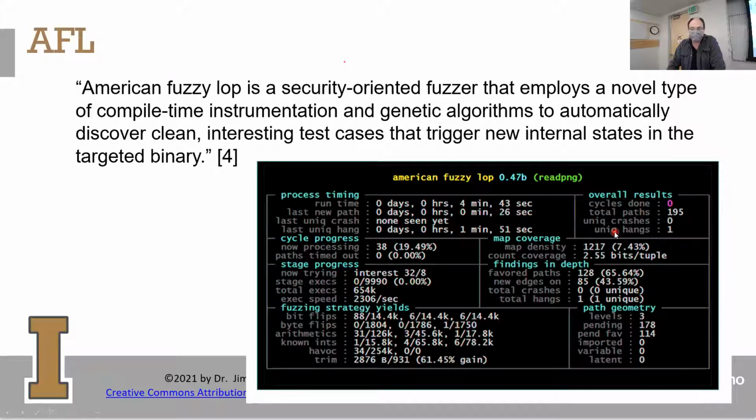One time the program hung. What they mean there is they have a certain time limit, said run your program for this long and then stop. If the program doesn't normally terminate, or if it's not responding, it's hung. They found that once. Unique crashes, this one so far found 0. But it tells us how many unique ones it has, and then 195 total execution paths. And this had been running for 4 minutes and 43 seconds to get the 654,000 different test cases run.